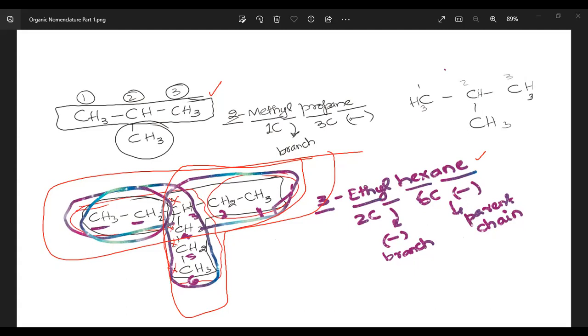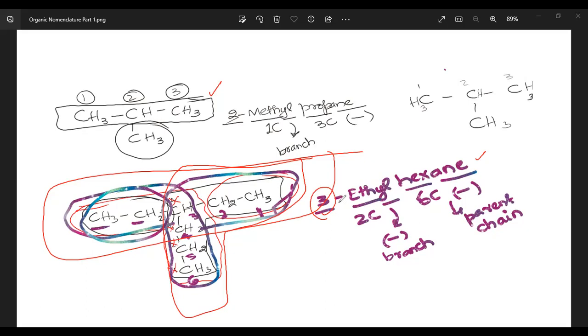In the last class, we also went by a conversion of the name into structure or structure back into the name. So I told you that every part of the name serves a purpose. So you should know that purpose so that you can easily write the names. Along with that, you can also convert the names back into the structure. For example, if this is the name 3-ethylhexane, now this should tell you 3 is the position of the parent chain carbon atom to which the branch is actually located.